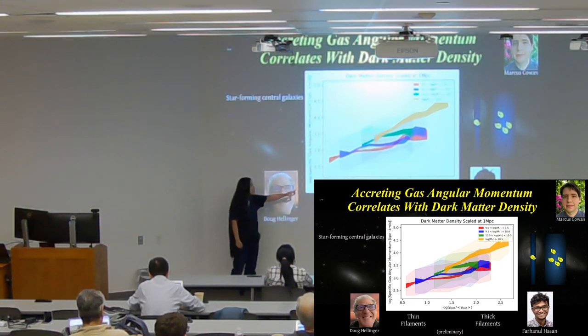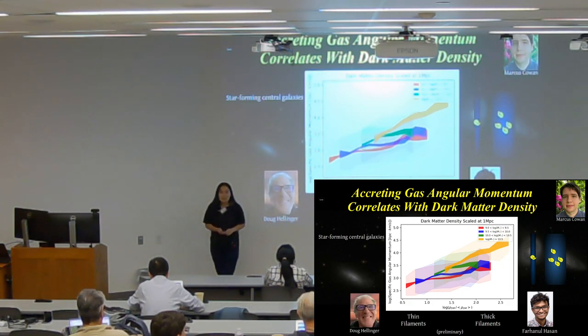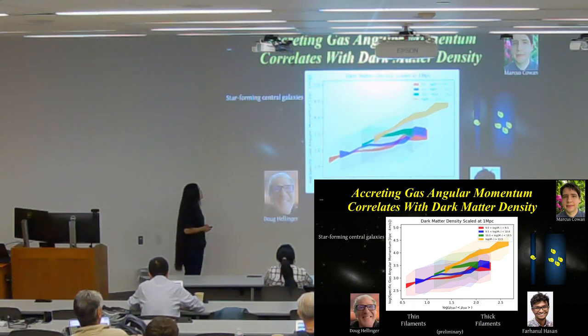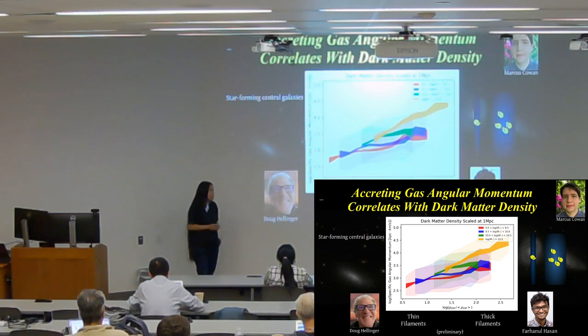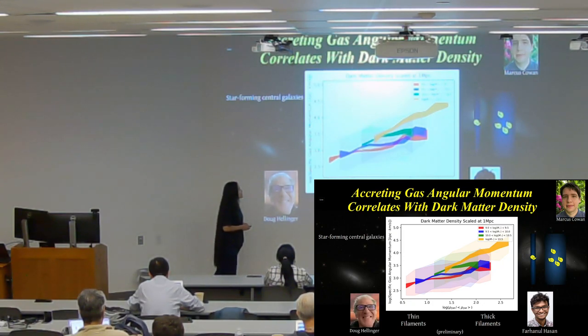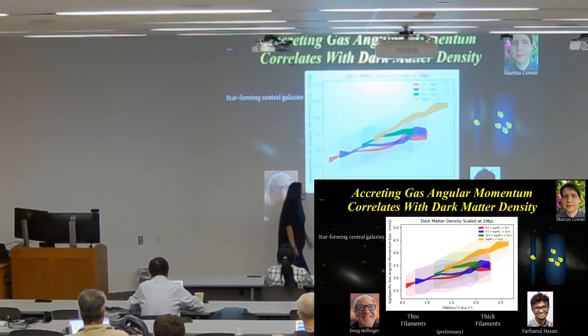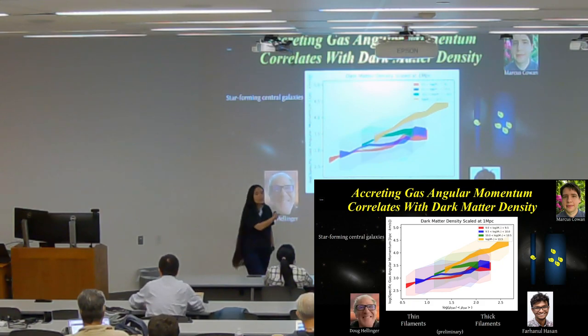And if you are in a lower density environment, the angular momentum of your accreting gas is lower. So this picture so far is, by the way, we're still looking at star-forming central galaxies. This picture of being in a thinner filament means you're more likely to be accreting with low angular momentum seems to be supported by this.